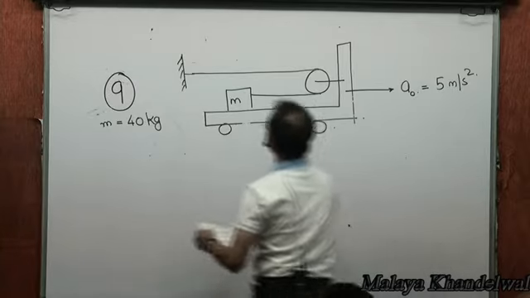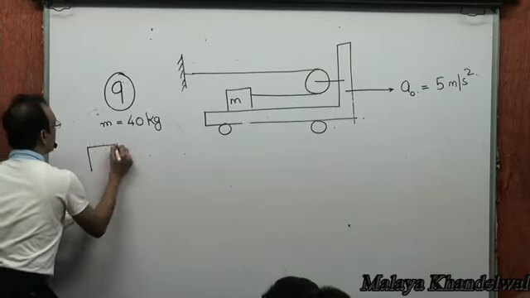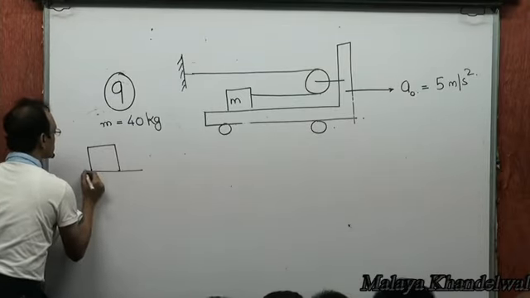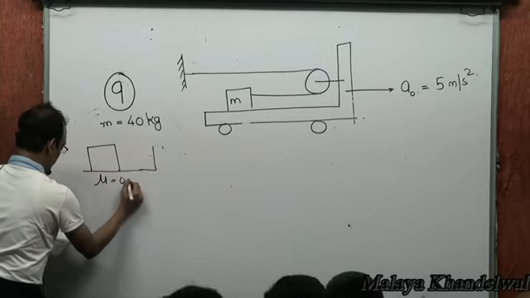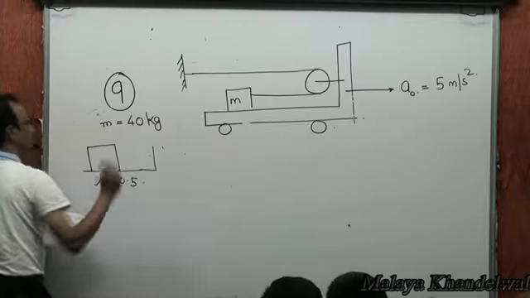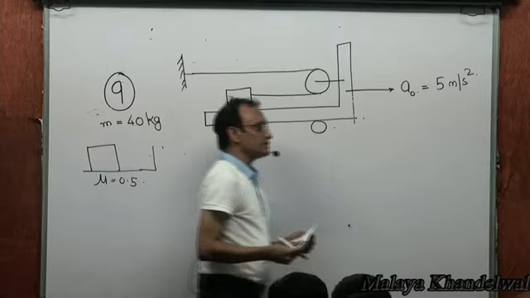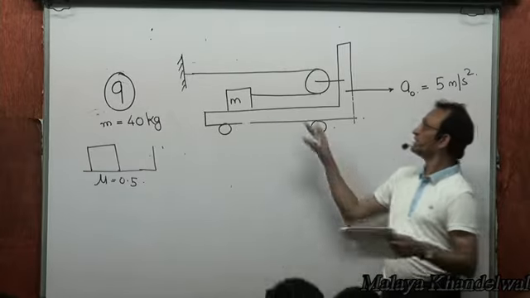The coefficient of friction between small m and the base is given to be 0.5. Given all of this, we want to be able to find the tension in the string.